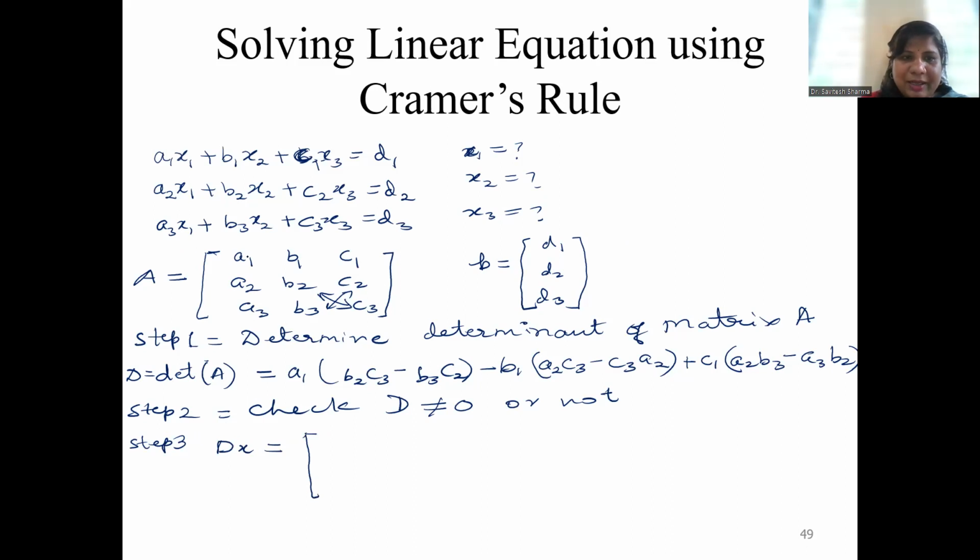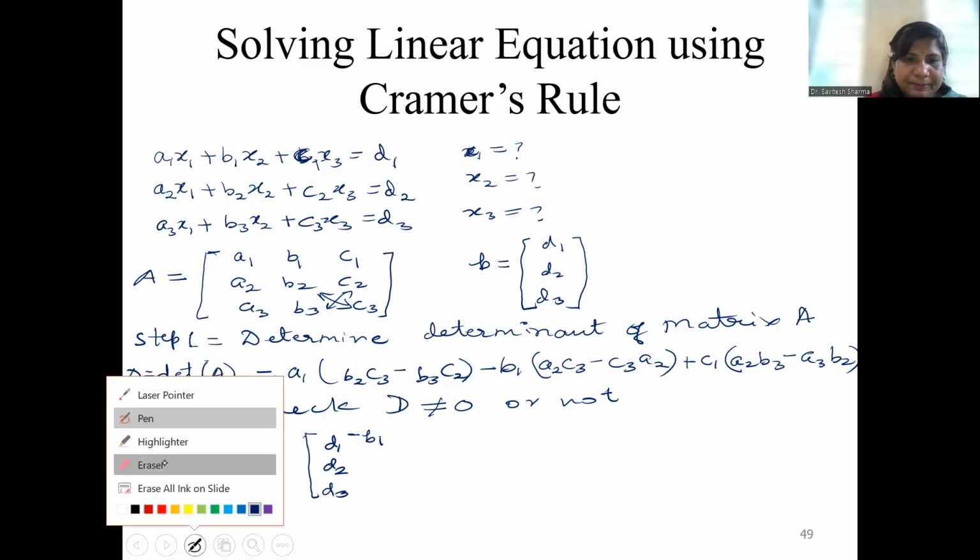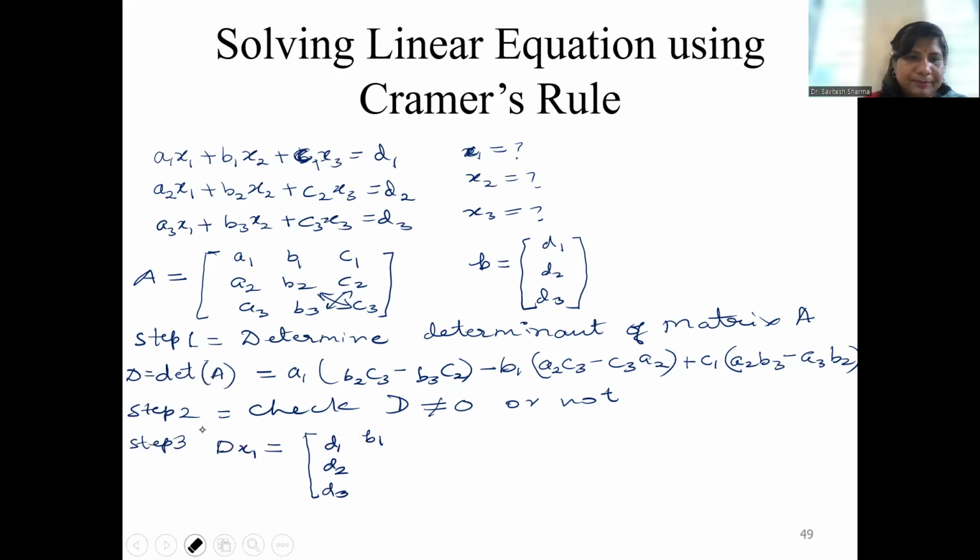You will replace the column a1, a2, a3 with d1, d2, d3. This will be for x1, and the other columns remain b1, b2, b3 and c1, c2, c3. So you now have a new matrix, by replacing column 1 with d1, d2, d3.